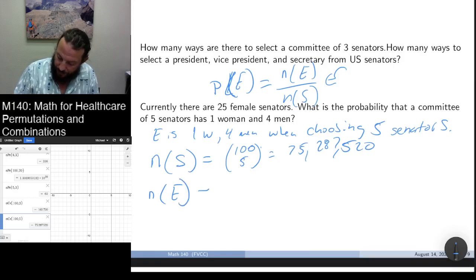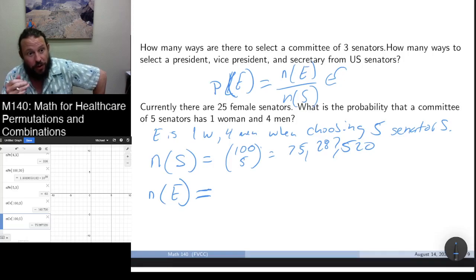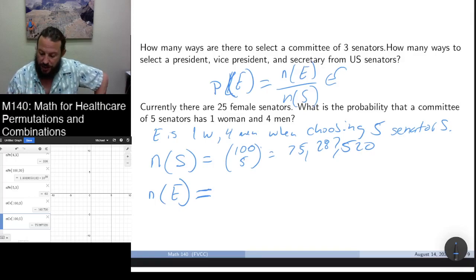Let's think about this. We want to force that we're choosing one woman. So in general, with these types of problems, when I'm finding the size of the sample space, I think of all the women and men, or whatever the different kinds of people or objects are, all together.